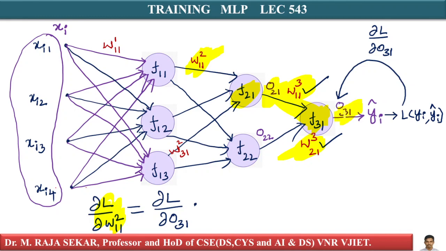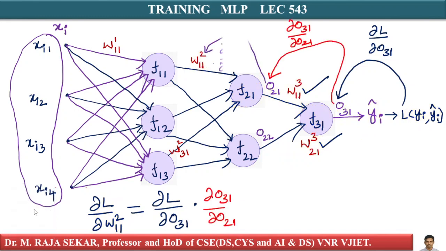Your O31 is nothing but y-hat, isn't it? And it goes into the loss function and it impacts the loss function. So there are 3 steps. If you speak strictly, how many steps are there? There are 3 steps.